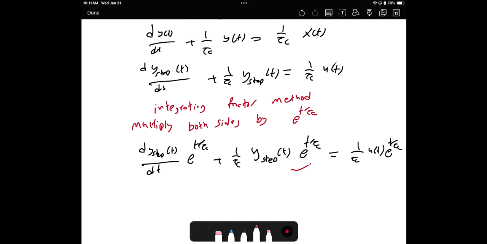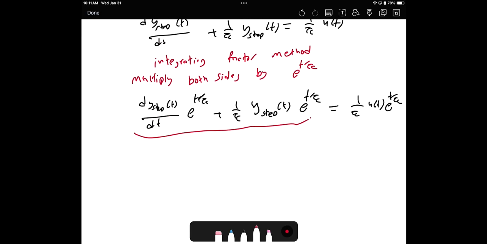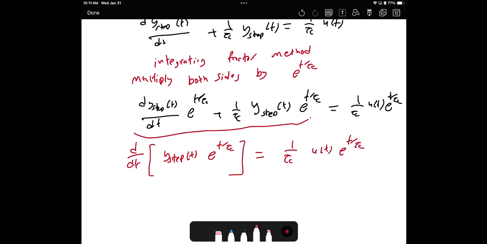And last lecture we already defined this thing. It is actually d by dt of y step of t e power t over tau c. You can recall the last 10 minutes of last lecture, we already proved how to do this. Then this will equal 1 over tau c u of t e power t over tau c.